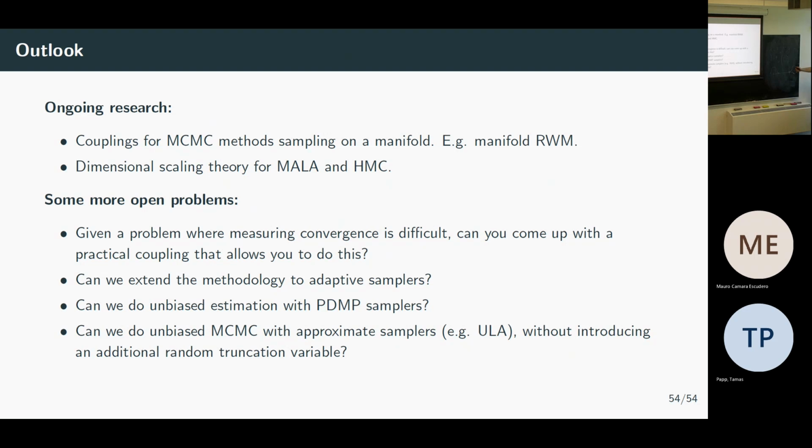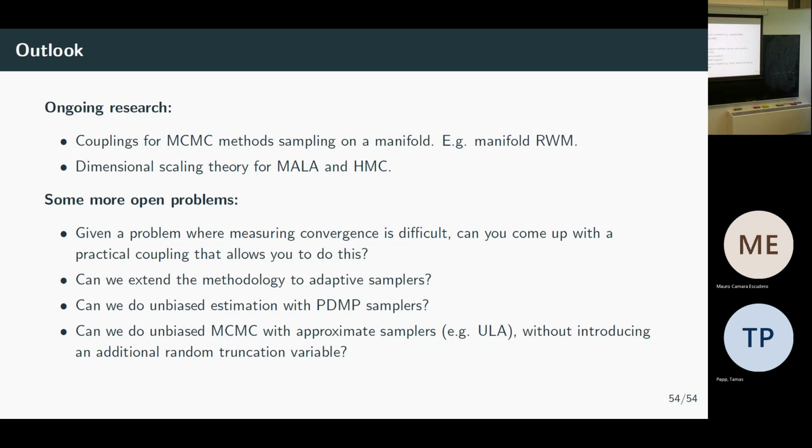Another one I've been wondering about is, can you do unbiased MCMC with an approximate sampler like ULA without introducing an additional truncation variable? You have one ULA chain that you run for a long time with a smaller and smaller step size. As the step size gets smaller, you get closer and closer to stationarity, so in the asymptotic limit it's targeting the right thing.